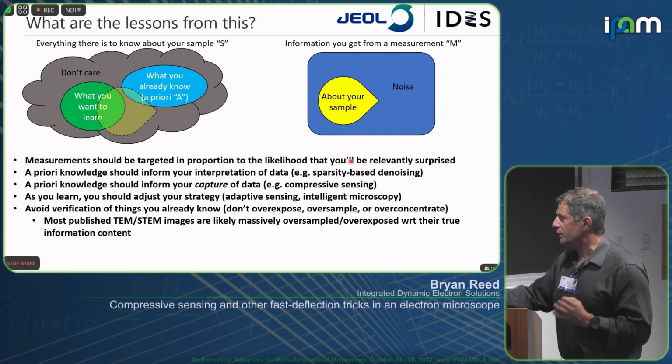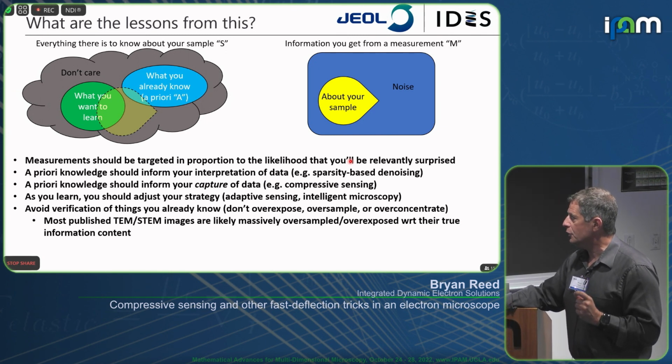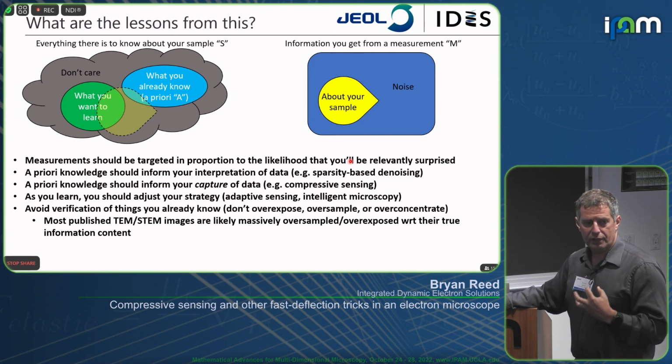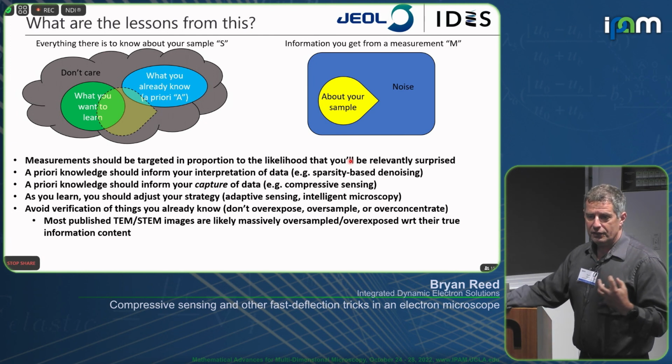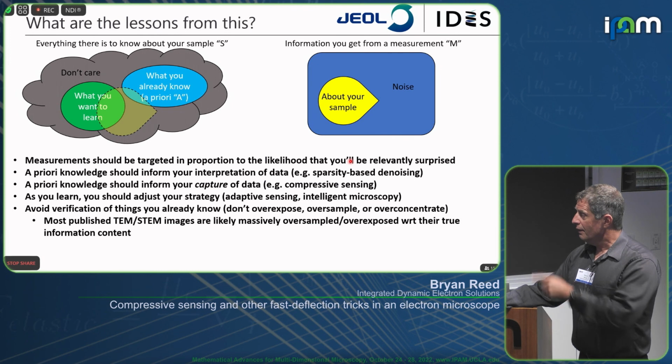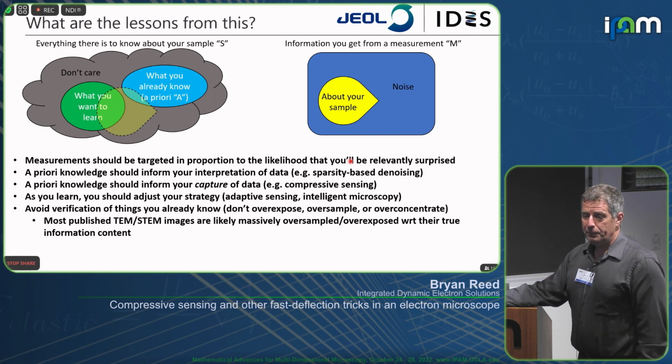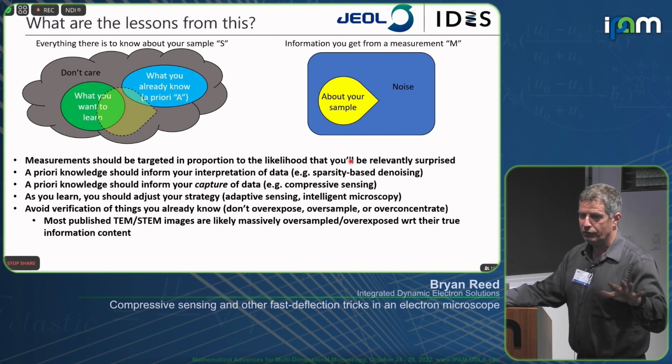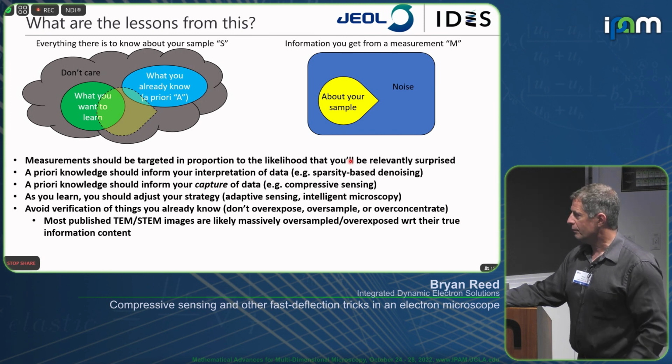Most published TEM and STEM images are likely massively oversampled or overexposed with respect to their true information content. That, to me, is really the lesson of the fact that these undersampling and inpainting things still provide pretty good-looking images. So people want to show a nice-looking image, but the fact is they could have learned enough to answer their hypothesis with some tiny fraction of how much they nuked the sample.